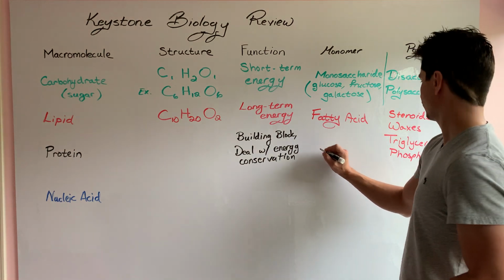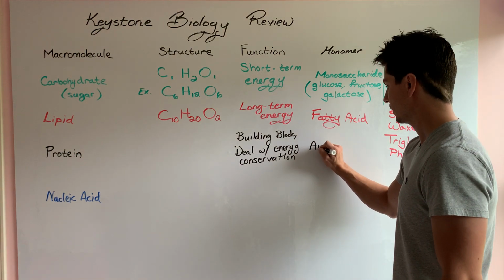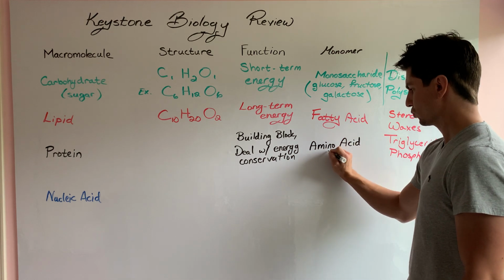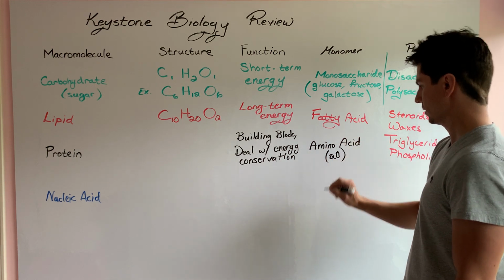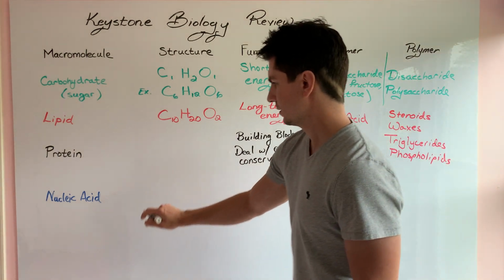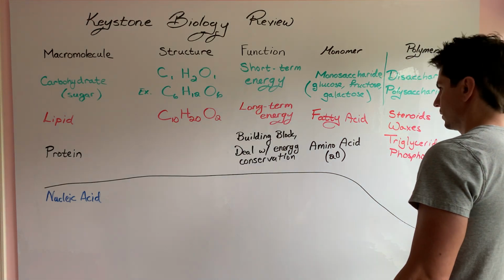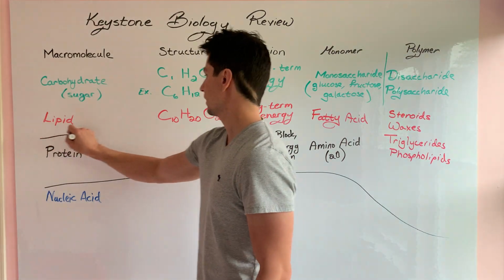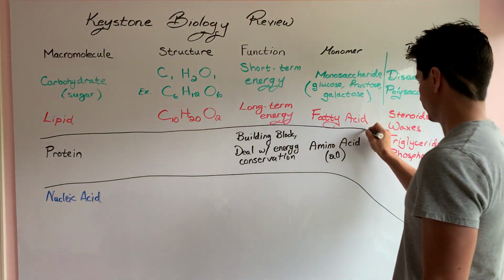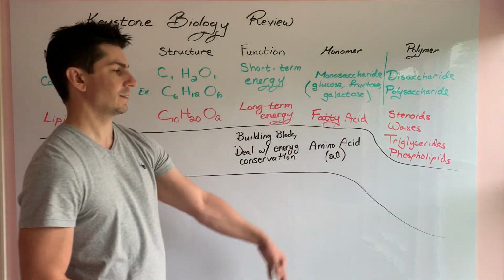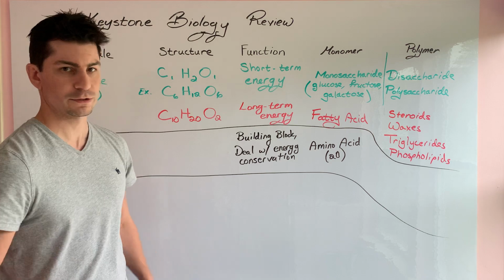Monomer, our monomer of proteins is going to be an amino acid. There are 20 of them all together. And let me draw a line here, because this is going to get a little messy. So I want to make sure we stay somewhat organized. So I'm going to draw the polymers down here, guys, because I went a little bit crazy with the polymers for our lipids.